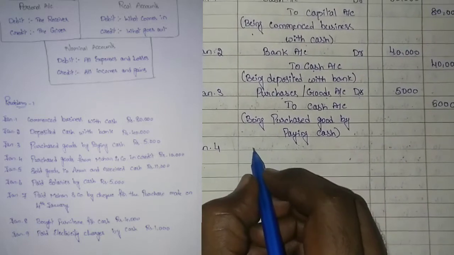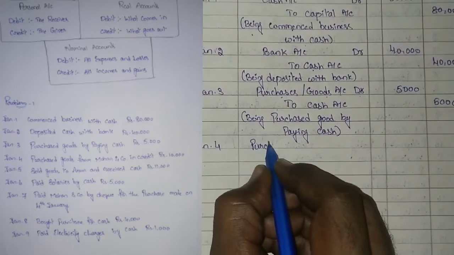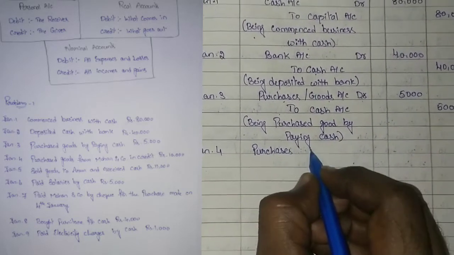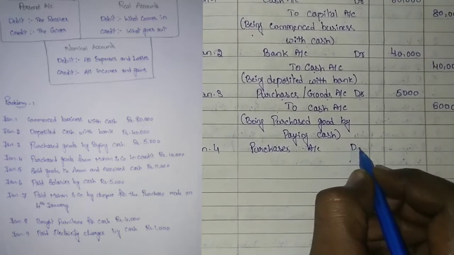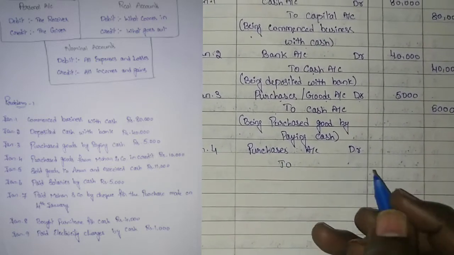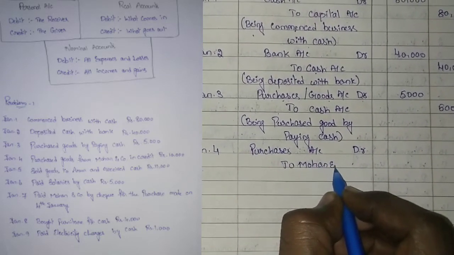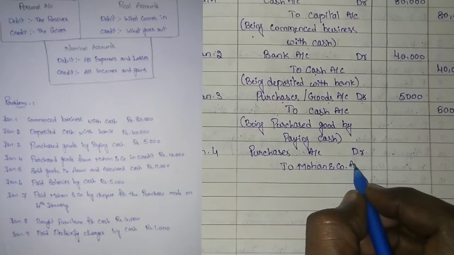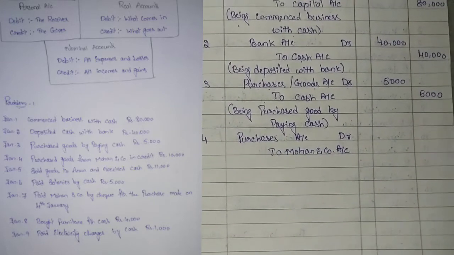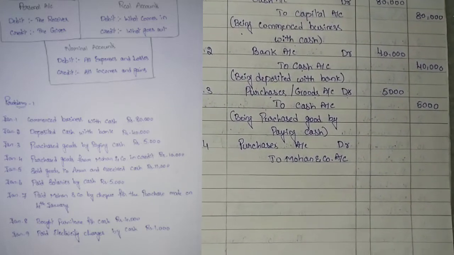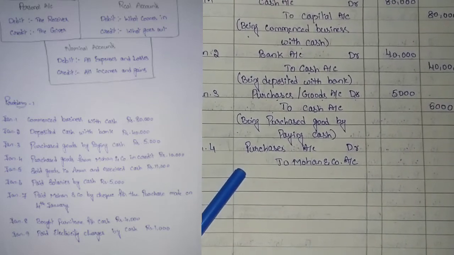So we'll go for writing it as the purchases account debitor to the Mohan and company account, from where we have received the goods on credit basis.